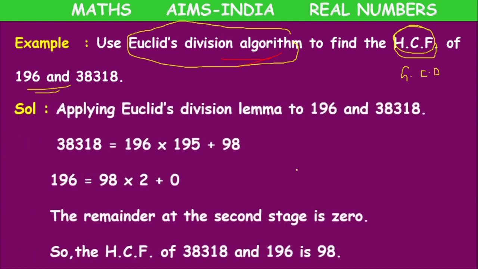Let's see the solution. First we have to apply Euclid's division lemma for the given two integers.